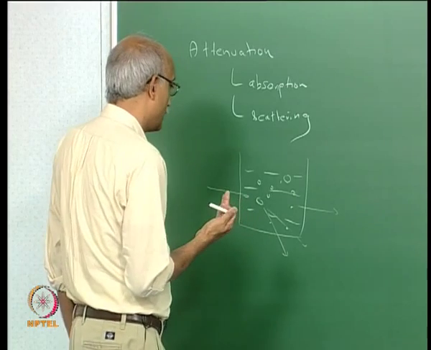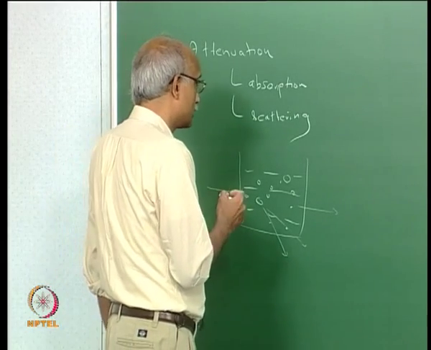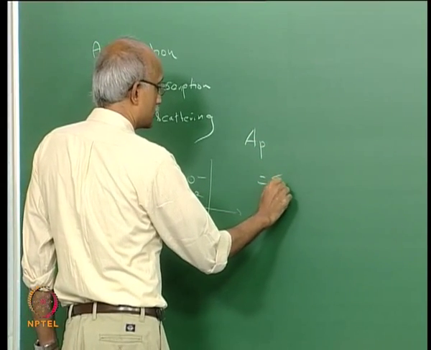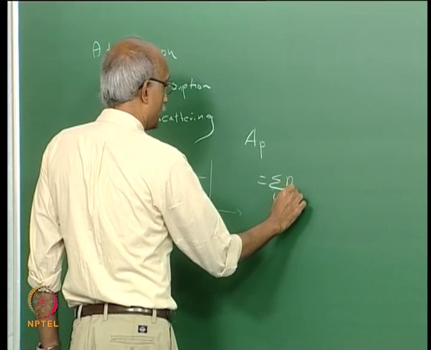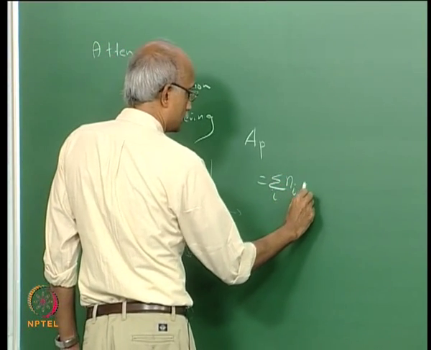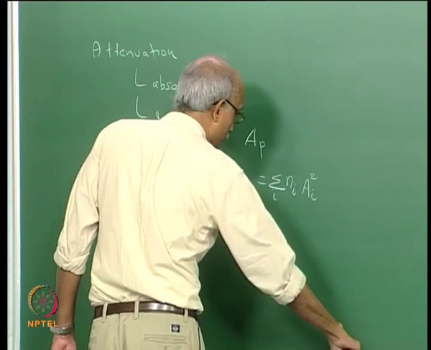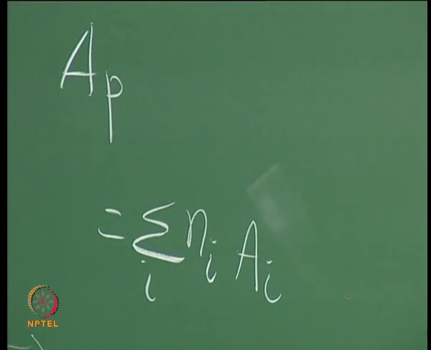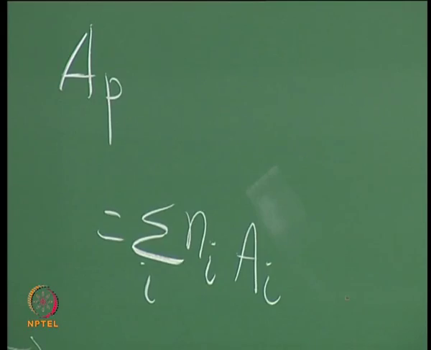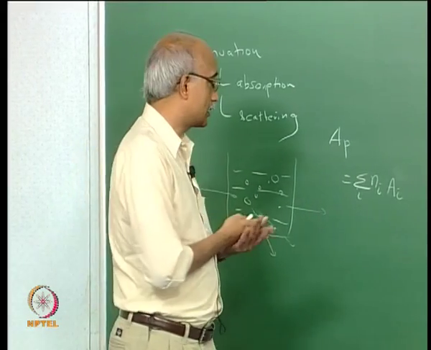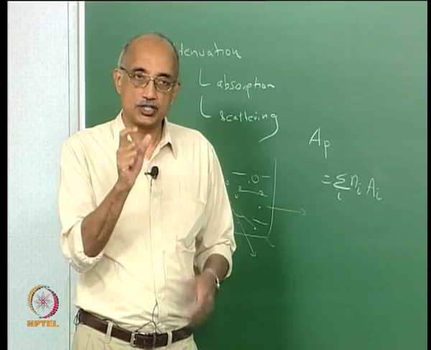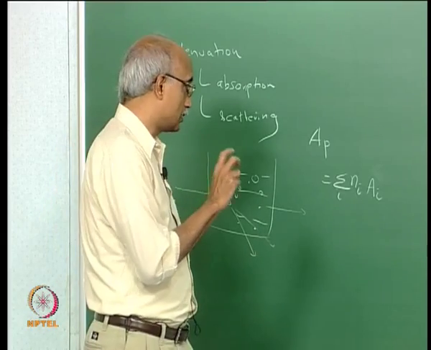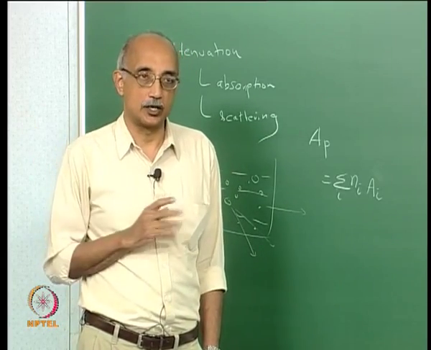A simple way to look at projected area of particles in this case is to say that A_P equals summation over i of N_i A_i, where you essentially take that particle population and break it down into various size channels, and you look at the number of particles in each channel and scale it by the area of the particles in that particular size channel and basically sum it all up.